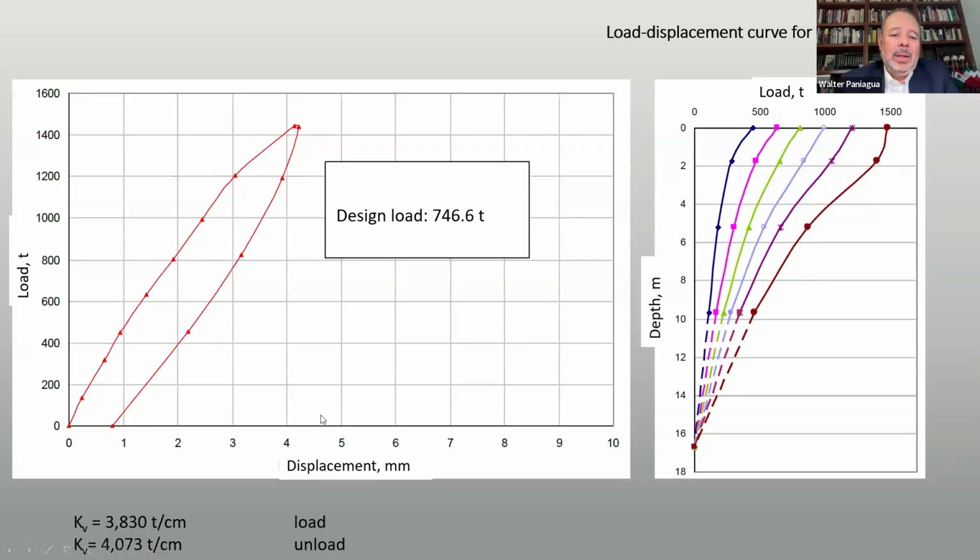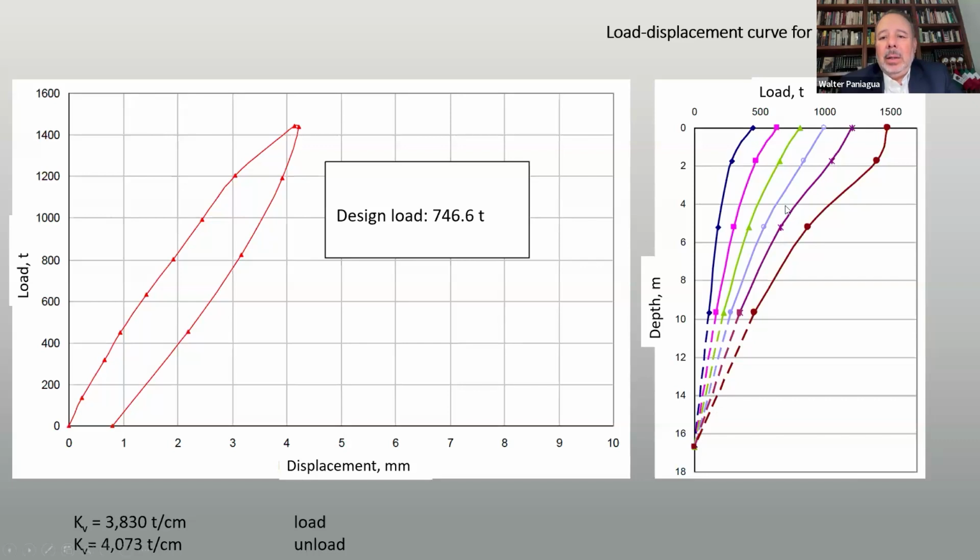Here is the load displacement curve, and this pile was loaded up to 1,500 tons, and it has a displacement of 4 millimeters. That's an interesting thing. For one thing, if it has 0.9 meters in diameter, it is far, far, far from the displacement of 1% of the diameter that is supposed to be needed for friction, and is very far from the displacement that may be caused by the erection of the end bearing capacity.